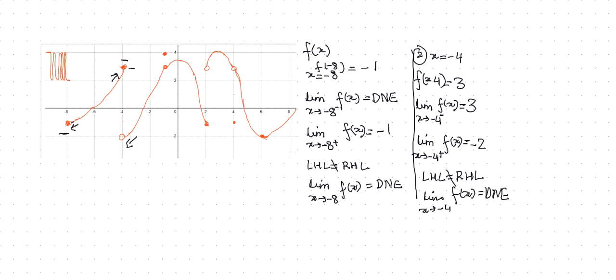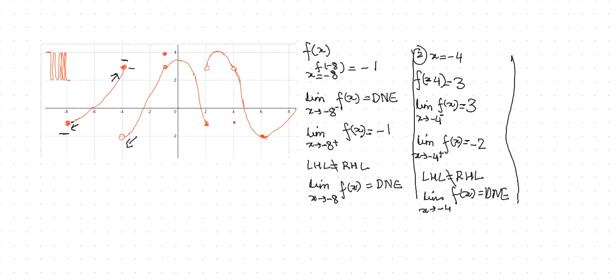And the value of the function at -4 is 3. Closed dot means the value of the function at that point.